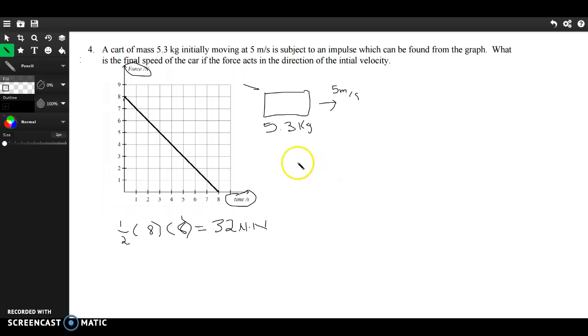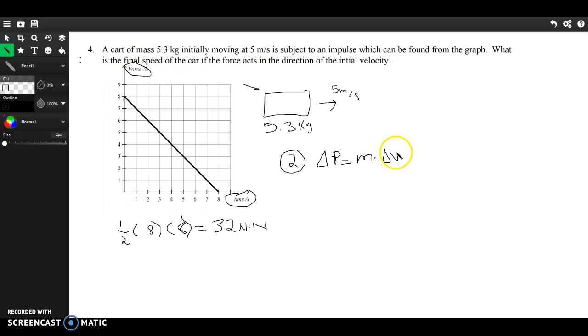Alright, and so let's go ahead and write down the formulas we're going to need. If you remember question 2, it's going to be the same set of formulas that we used for that. So the change in momentum is equal to mass times change in velocity. The reason it's not change in mass times change in velocity is because the mass is going to stay the same. The momentum is going to change, so the only other thing that could change on the right side of the equation is the velocity.